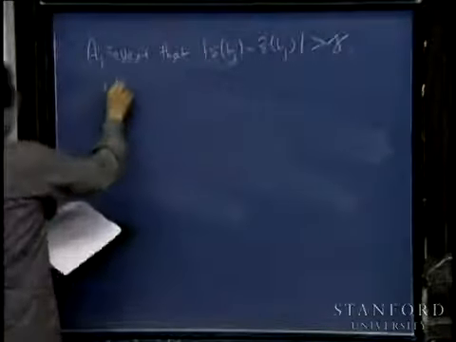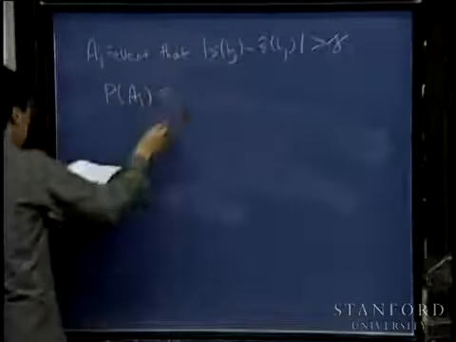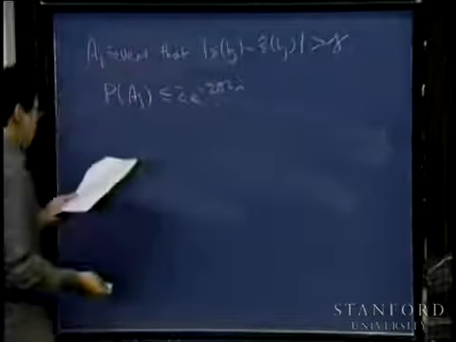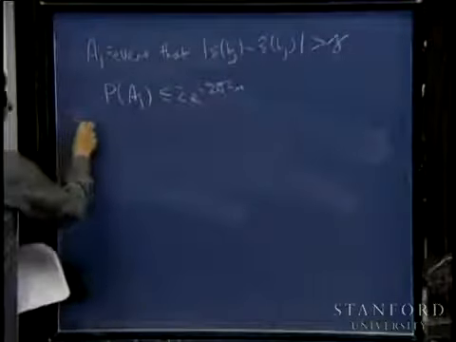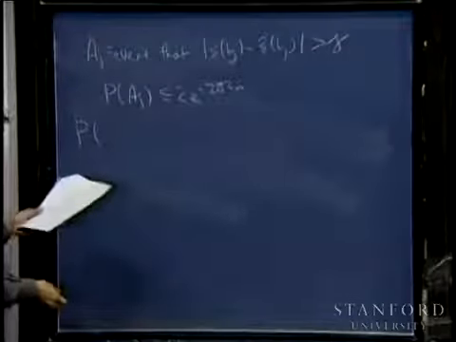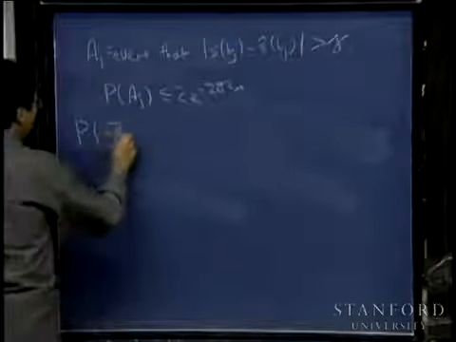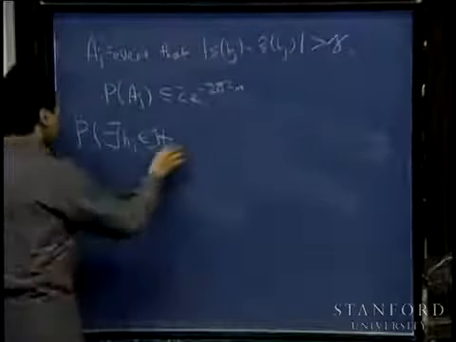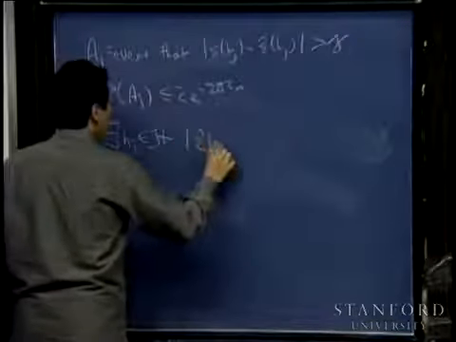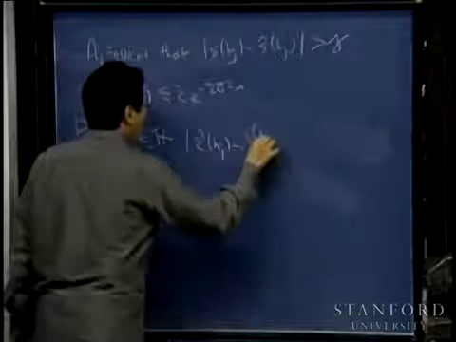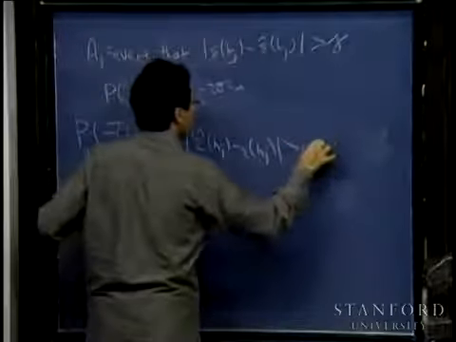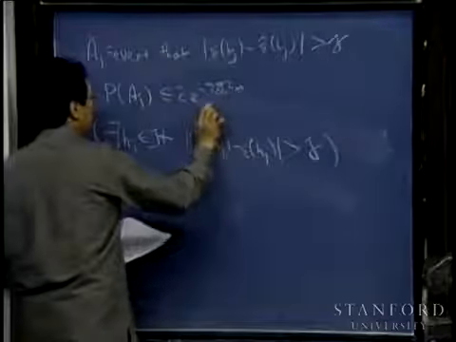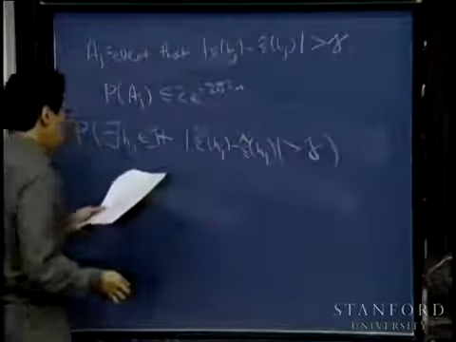And so what we proved on the previous board was that the probability of Aj is less than or equal to 2 e to the negative 2 gamma squared m, and thus it's pretty small. Now, what I want to bound is the probability that there exists some hypothesis in my class script H such that I make a large error in my estimate of generalization error, okay, such that this holds true.